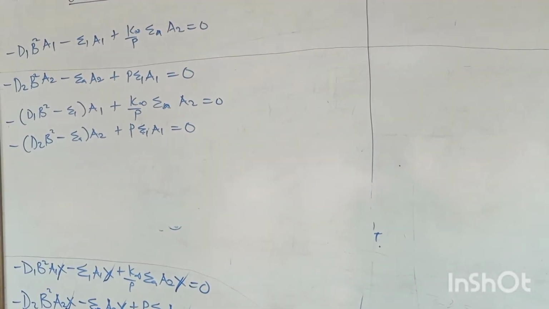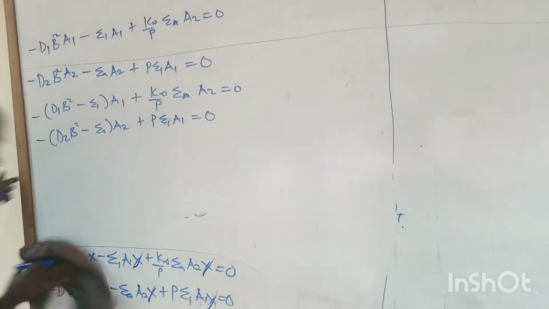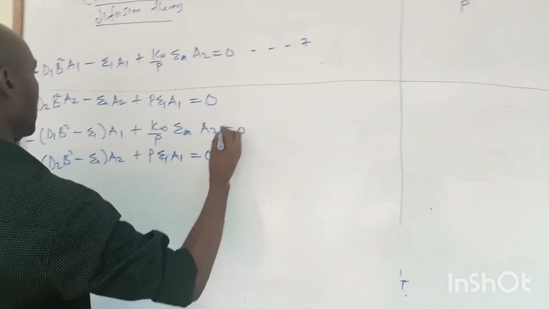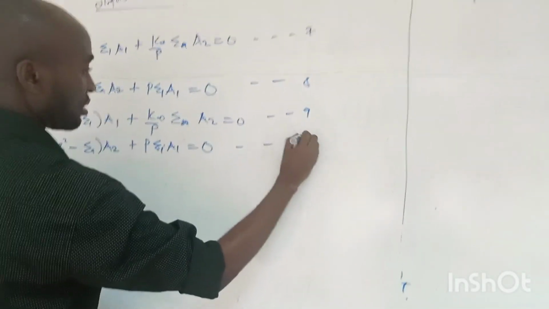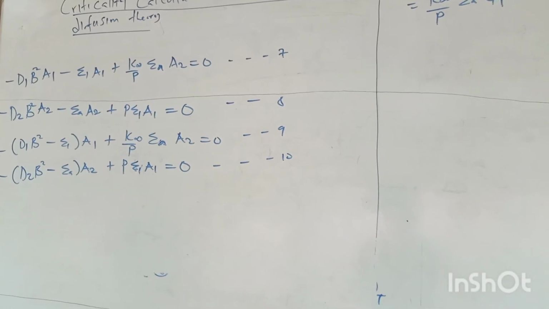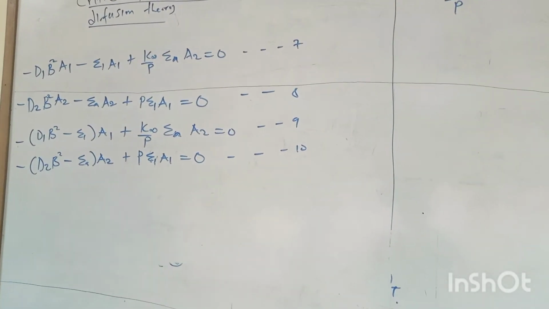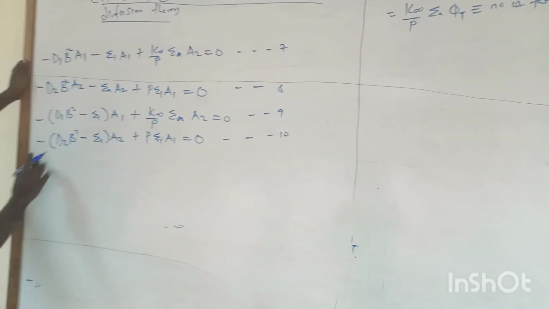Now we have this thing. So let's call this one equation 7, equation 8, equation 9, equation 10. You know, we can put this one in a matrix form. We can rewrite them as this one.